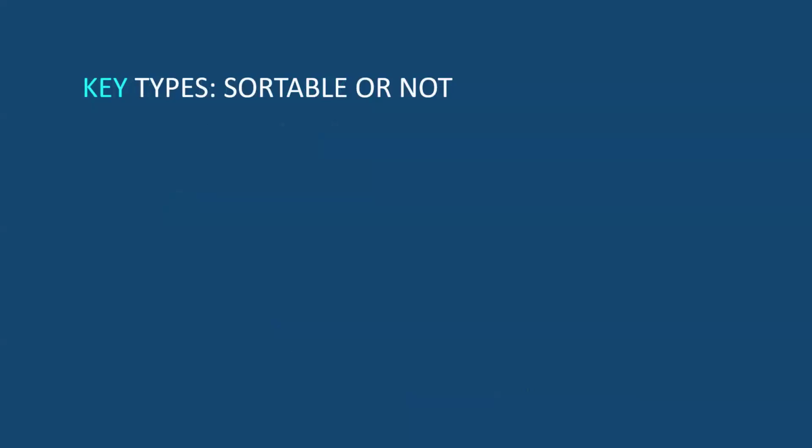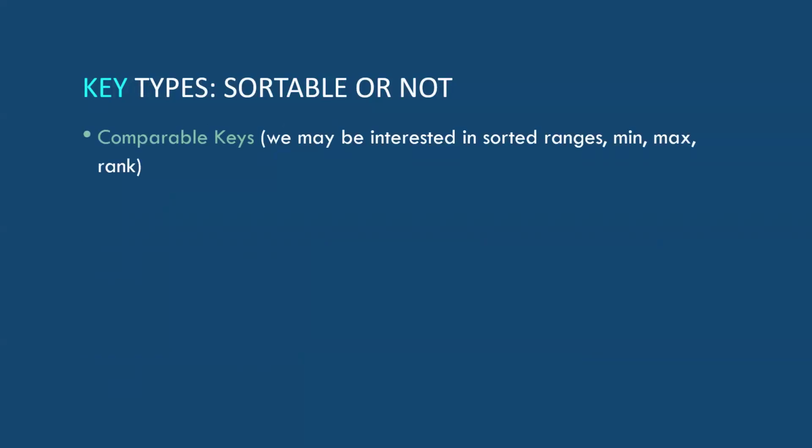Okay. Now, whether they're sortable or not depends on whether we want them to be. It doesn't mean that just because we're using a numeric key that we have to use a binary search tree. We could choose to use a storage mechanism, an implementation, that does not allow us to provide for things in ranges or minimums and maximums. Okay.